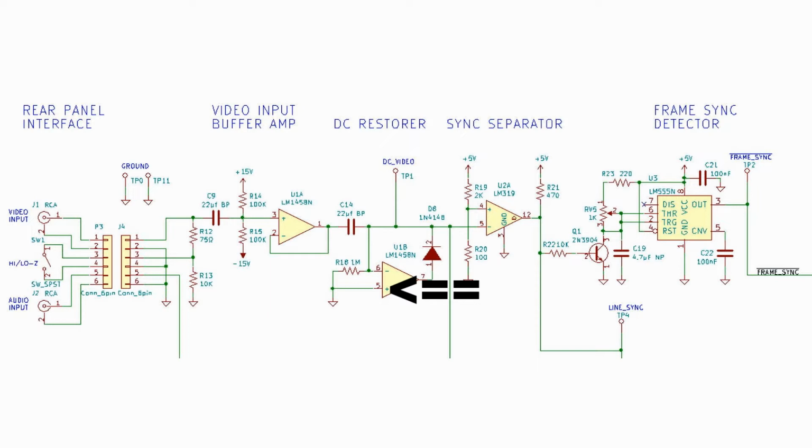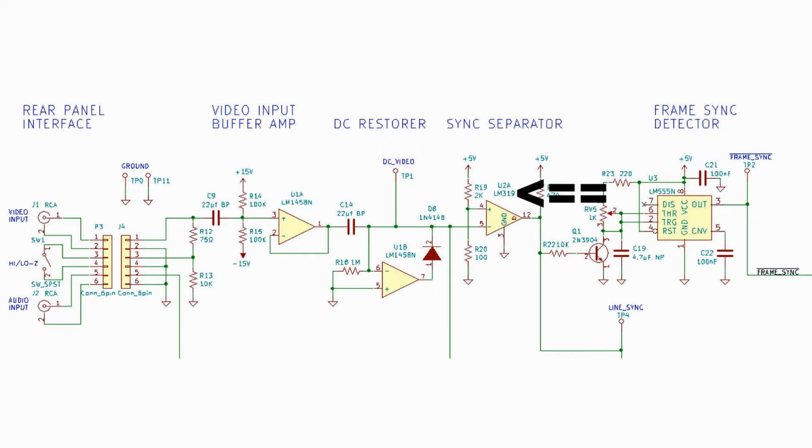You'll note that pin 5, the positive input of this op-amp, is wired to ground or 0 volts. So in this case, the bottom of the sync tips of the video signal will be clamped to 0 volts DC. This holds the video steady for the next stage, which is the sync separator.